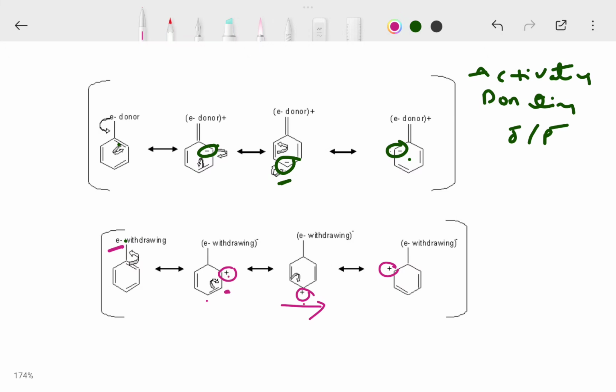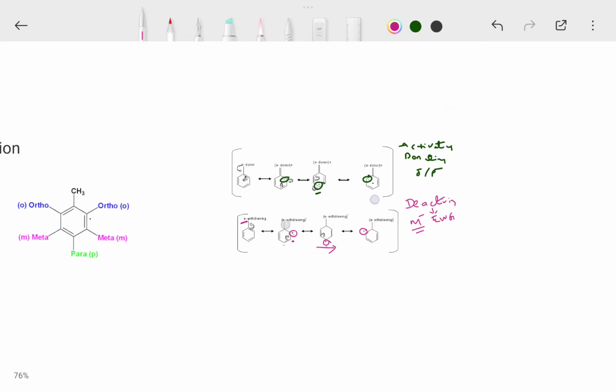That's why the second electrophile enters the meta position. Here we can say ring deactivating groups or electron withdrawing groups are meta directing groups.